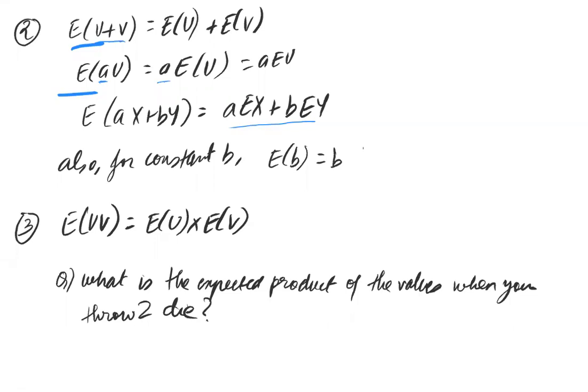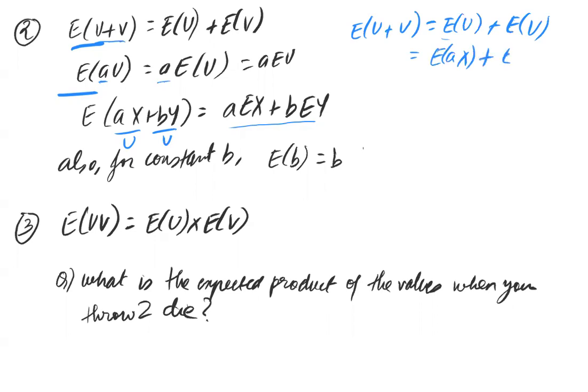Consider AX to be U and BY to be V. So it's going to be E of U plus V again, which I can write as EU plus EV. So that EU now becomes E of AX plus E of BY, which is A times the expected value of X plus B times the expected value of Y. Okay, so that's how that is done.